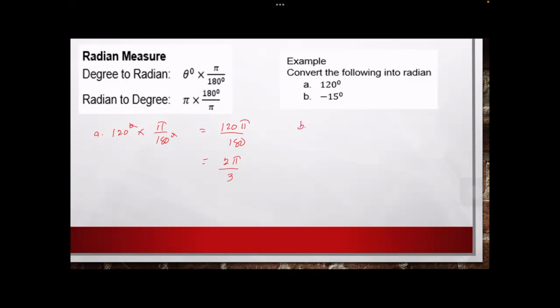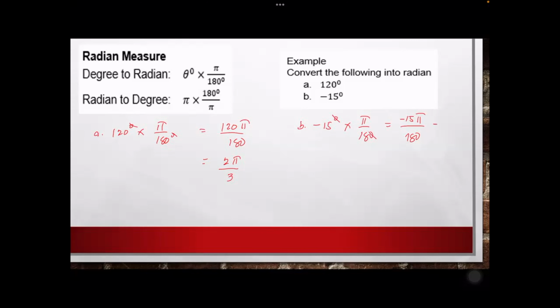Next, for the letter B, this will be negative 15 degrees. So, multiply natin siya ng pi over 180. So, cancel out ito. So, this will be equal to negative 15 pi over 180. So, 15 over 180, this will be 1 over 12.